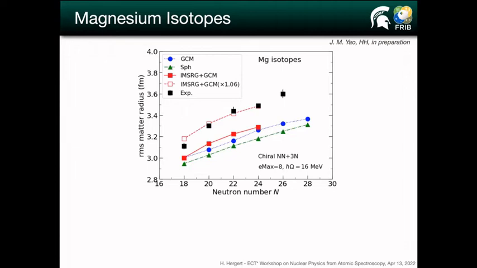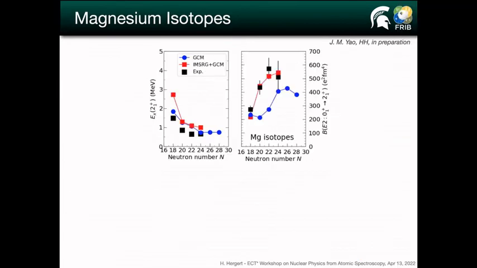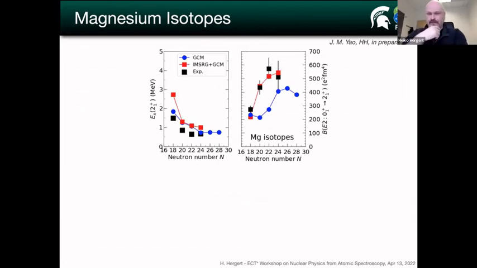The important point that I want to say is that the charge radius is actually just for the ground states, but the BE2 value is calculated using the wave functions of the 0 plus state and 2 plus state. So it corresponds to the off-diagonal. So in some of the nuclei, it happens that the correct wave function in the ground state is different from that in the excited 2 plus state.